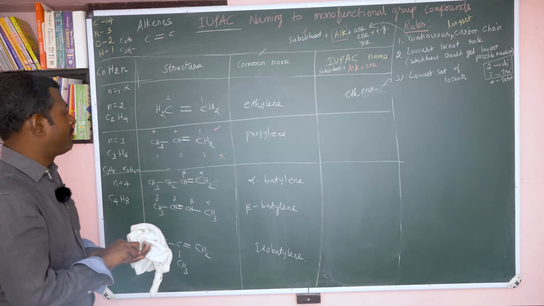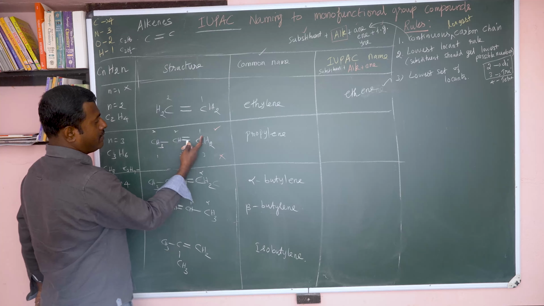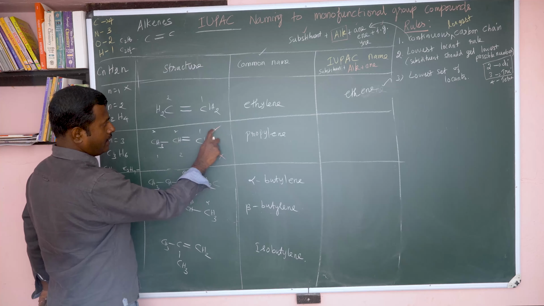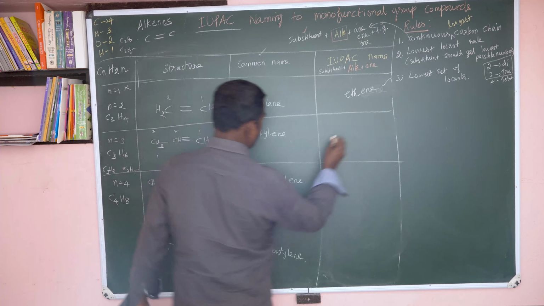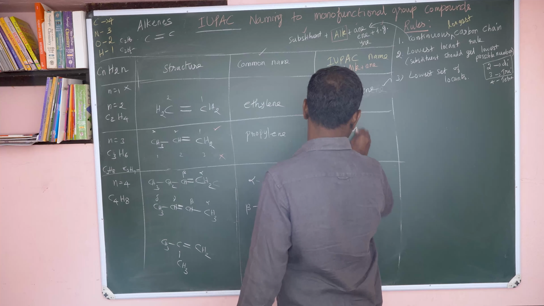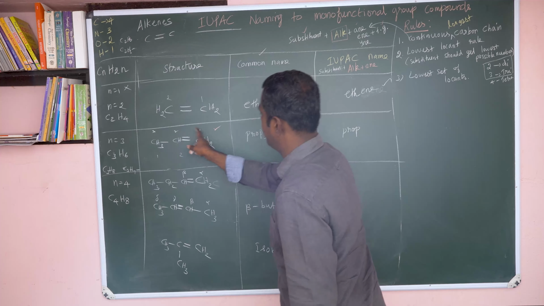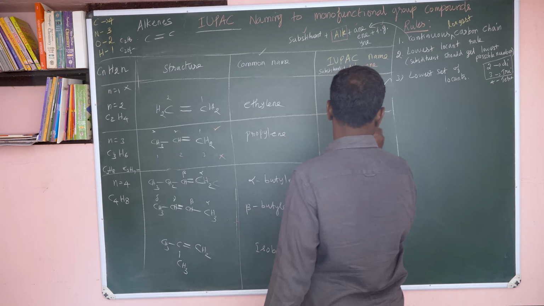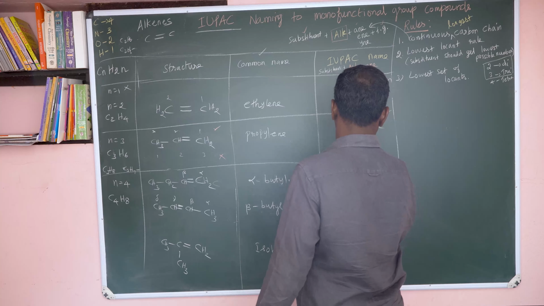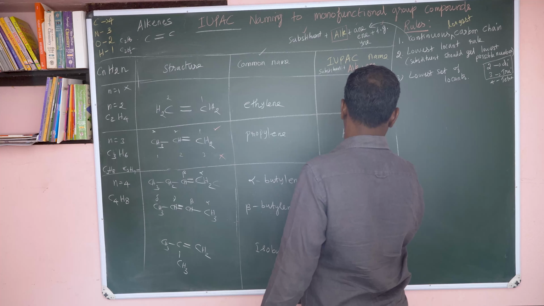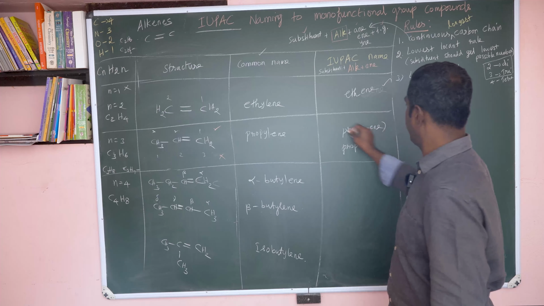So for propylene, we have to give the numbers like this only. So 3 carbons, the root word is prop. Since the double bond is between first and second, among 1 and 2 the least number is 1. So prop-1-ene.